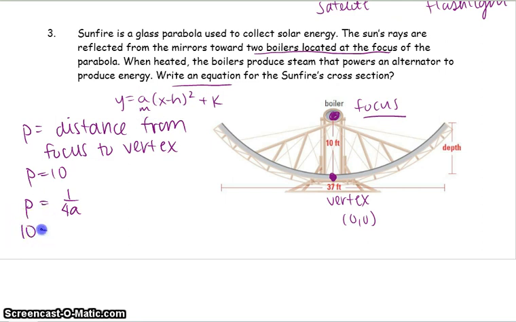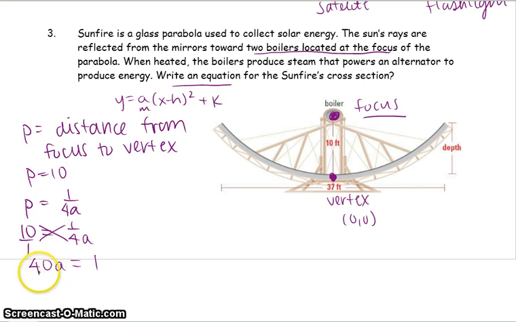So if we have 10 equals 1 over 4a, to get our a by itself, we could do cross multiplying here. So we would get 40a equals 1 when we cross multiply.